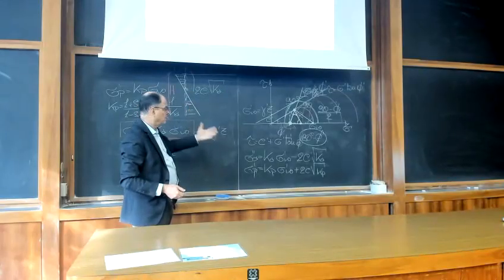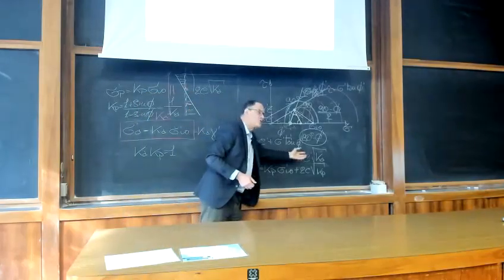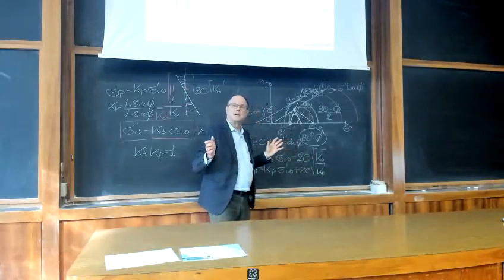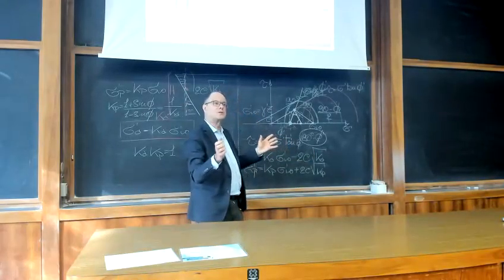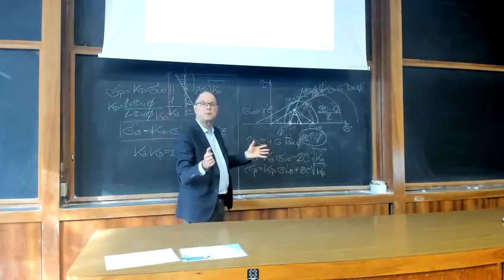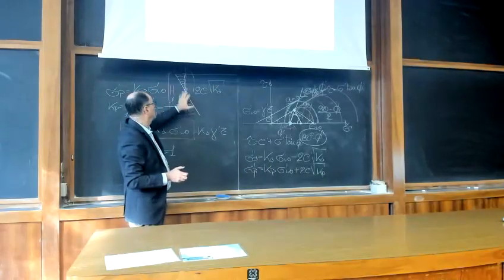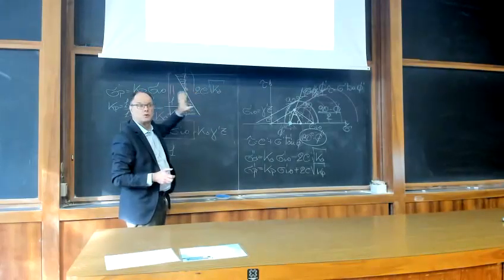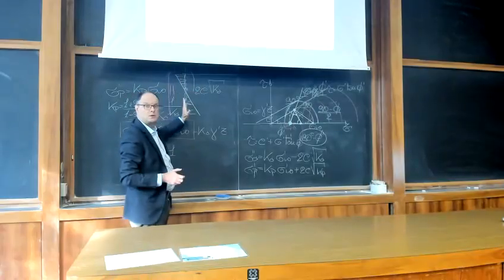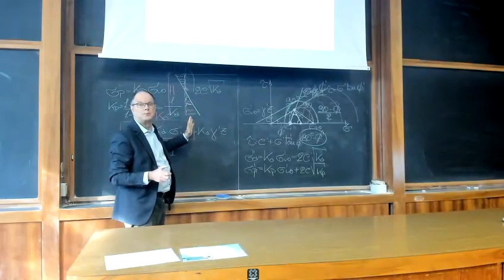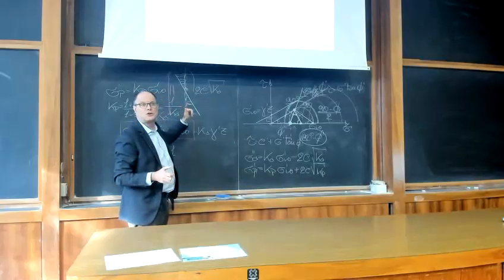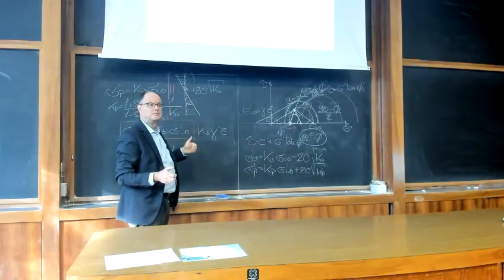So for a soil with a strong cohesion, the active pressure is much less. In principle, if this is equal to this, the resultant is zero. So in principle, you cannot build any wall, because the horizontal force is zero.